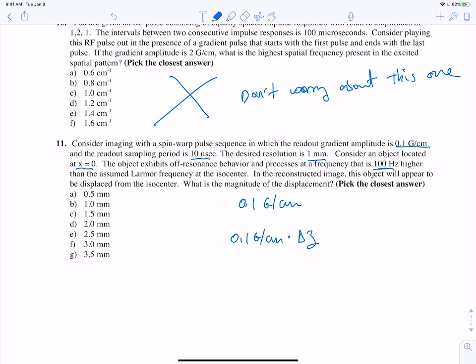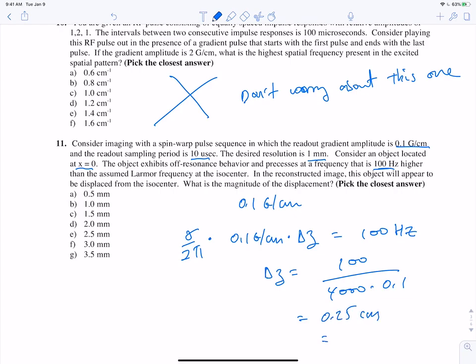Then I multiply that by gamma over 2 pi, which tells me precession per unit Gauss. I want all that to equal 100 hertz. So delta z is equal to 100 over 4,000 over 0.1. That gives me 1,000 over 4,000, 0.25 centimeters or 2.5 millimeters.